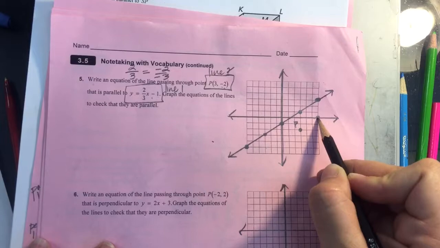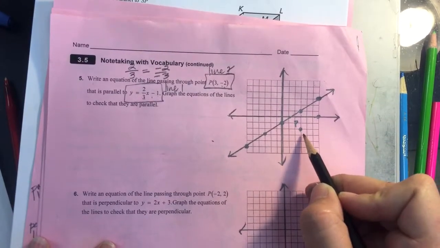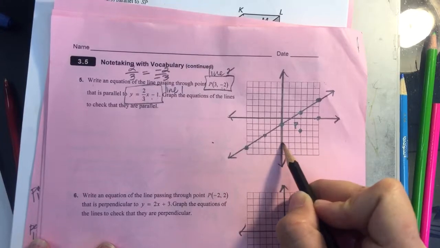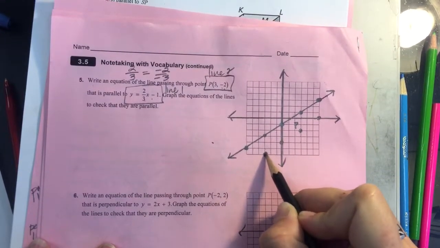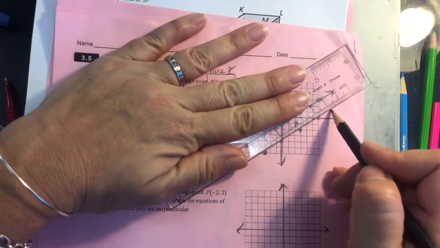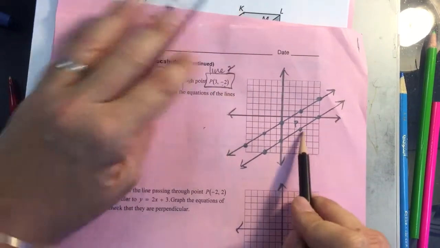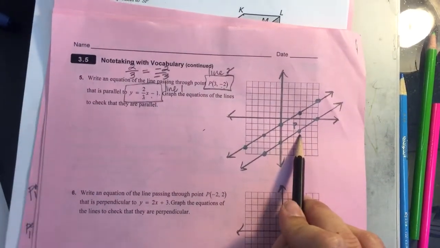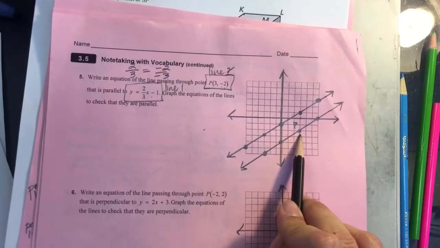Let's use it as -2 over -3, back from point P: down 2, left 3. So using the same slope as line 1, and going from my point P, I just drew a line parallel to y equals 2/3 x minus 1 through point P.